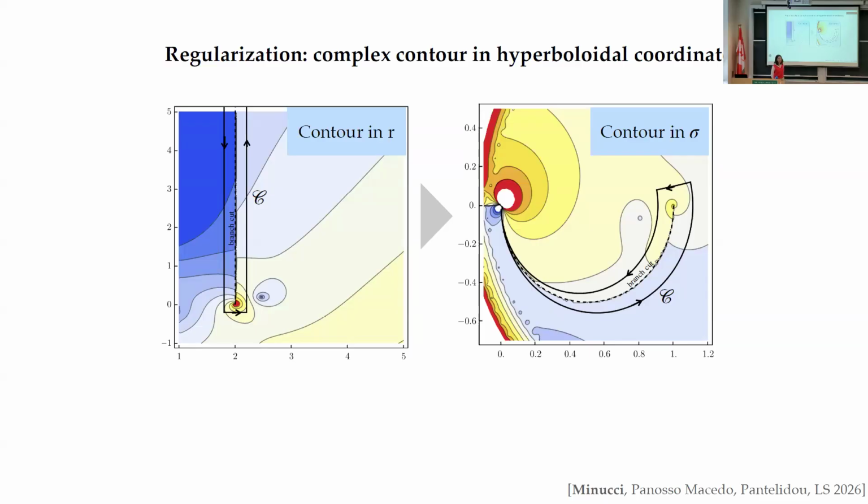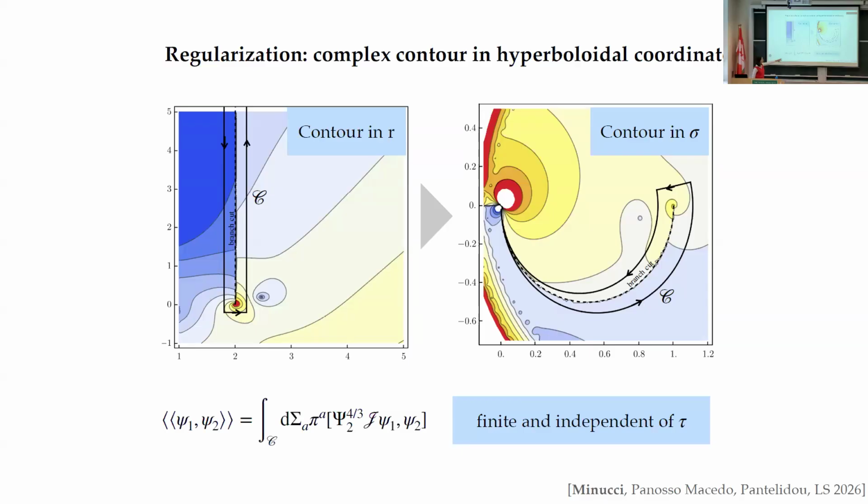And it takes a funny shape, but it performs the same task. And so once you define the bilinear form on that contour, you can find that it's finite and independent of the slice you take.